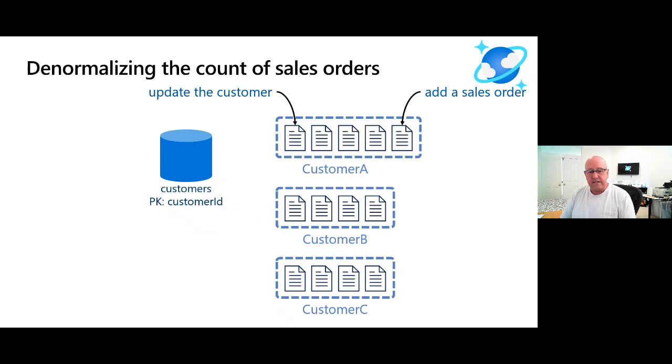Now, one of the nice things is that because this all happens within the same logical partition, I can do this as a transaction. Cosmos actually supports transactions. That's one of the things that I guess people think of just as relational databases. We can do it, but it's scoped to a single logical partition because that all happens on the same physical machine.